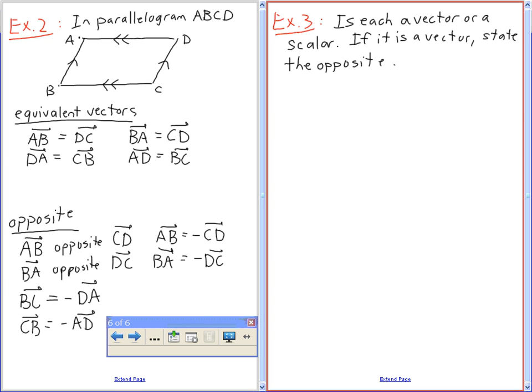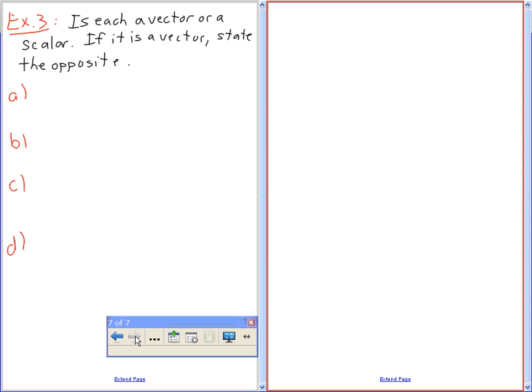I'm going to write 8 of these on the board, and I'm going to give you a few minutes to try and do these. Vector, scalar, I want to know, and the opposite.